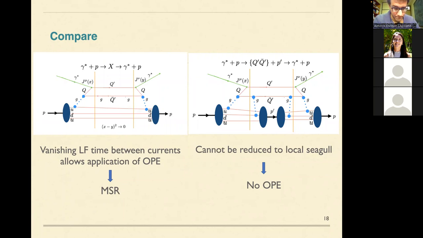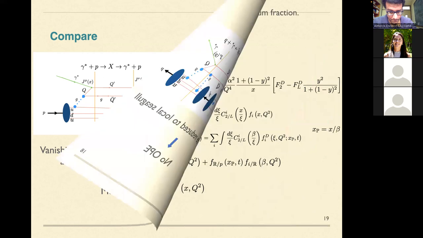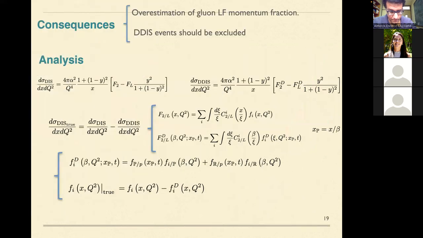But in this case, when the proton stays intact, and that's the graph on the right, then you cannot take the limit in which the currents are very close. So there is no operator expansion. That's another way of looking at that, very similar to what we said at the beginning. So these events have to be subtracted, excluded.